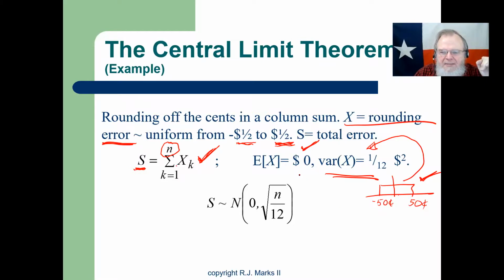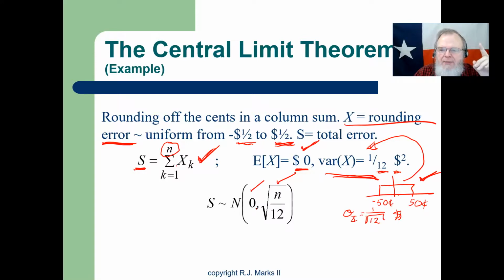So remember this: the mean is 0 and the variance is 1/12. That means the standard deviation of X is 1 over root 12 in terms of dollars. The Gaussian random variable has two parameters, the mean and the standard deviation.